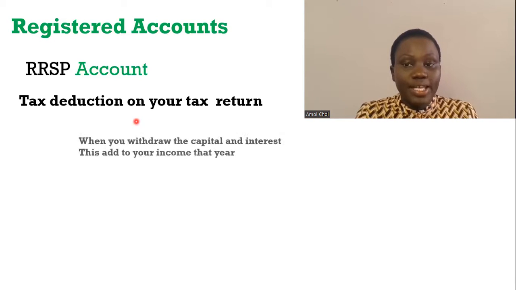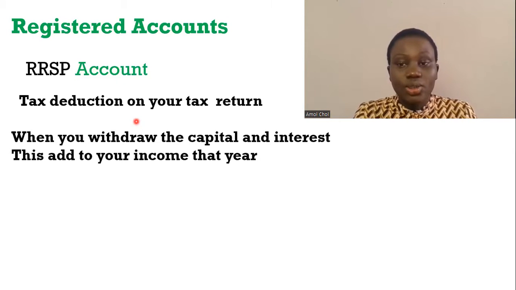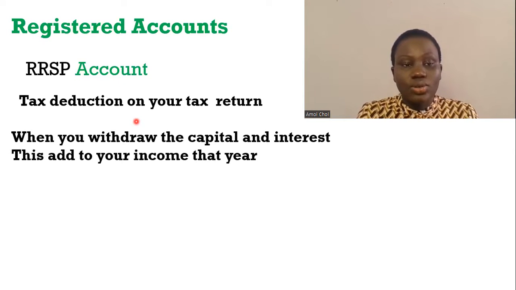So if you're making 70,000 this year, right? And let's say your room for this year is only giving you 6,000, right? So if you contribute 6,000 to your RSP, you will be taxed on only 64,000.